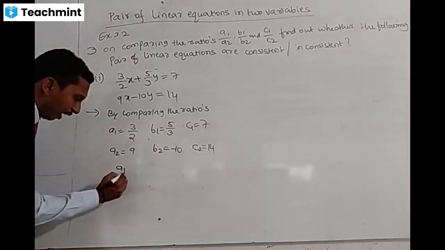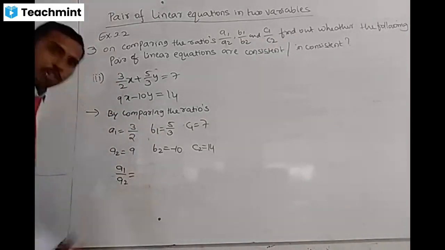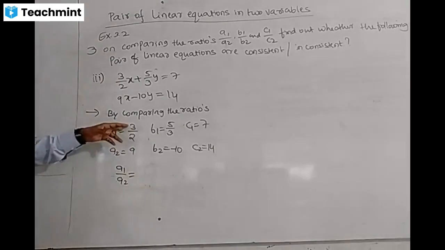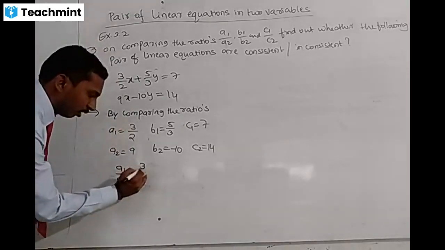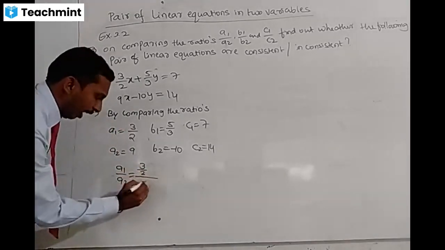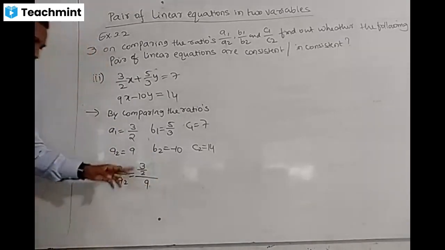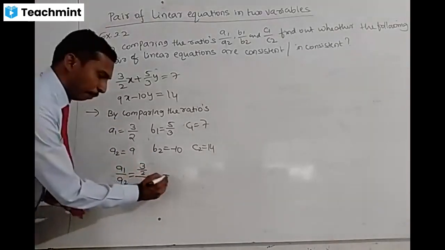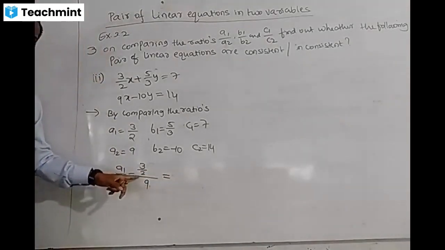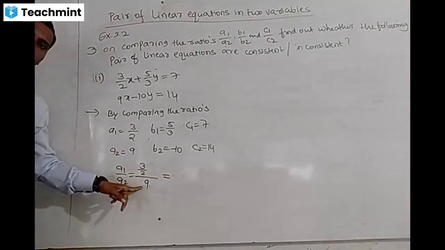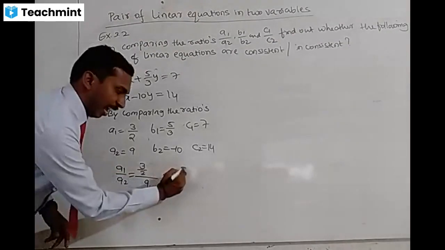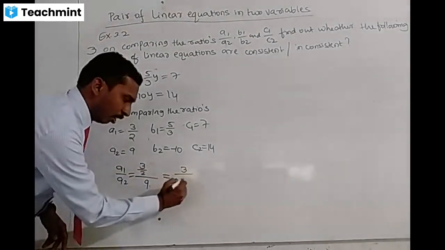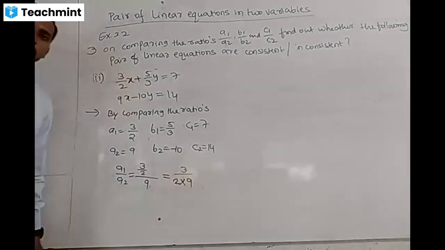And now write A1 by A2, which is equal to, here many of you don't know how to write this, 3 by 2 whole divided by 9. Yes, A1 is 3 by 2 and whole divided by 9. Just simplify it. 3 by 2, this 2 will go in the denominator. Now it can be written as 3 divided by 2 into 9.